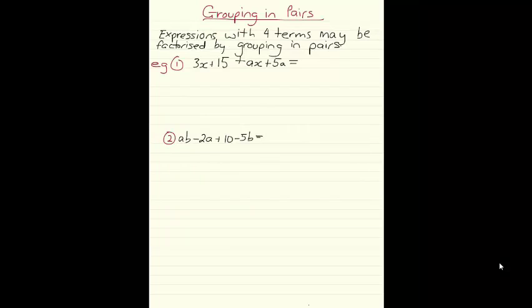So the examples that we just looked at generally only had 2 terms. If you have an expression with 4 terms, you can look at whether or not factorising in pairs will help you. So our first question says 3x plus 15 plus ax plus 5a. So what we're going to do is group in pairs.